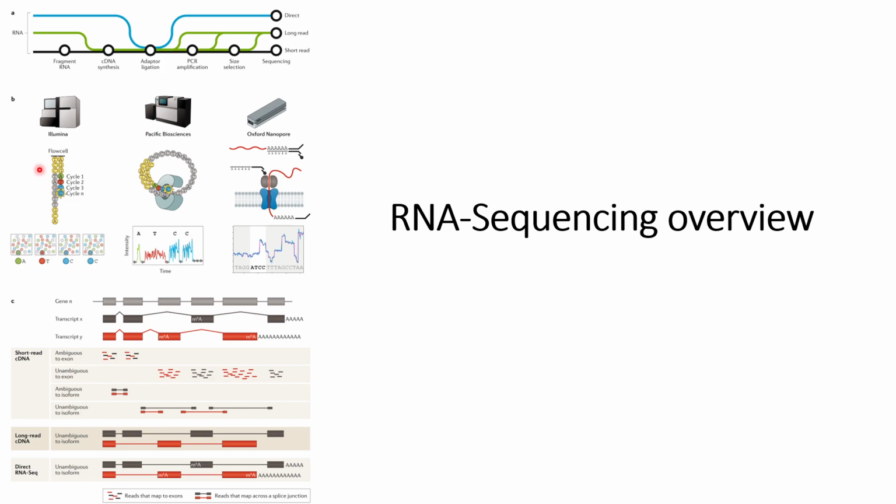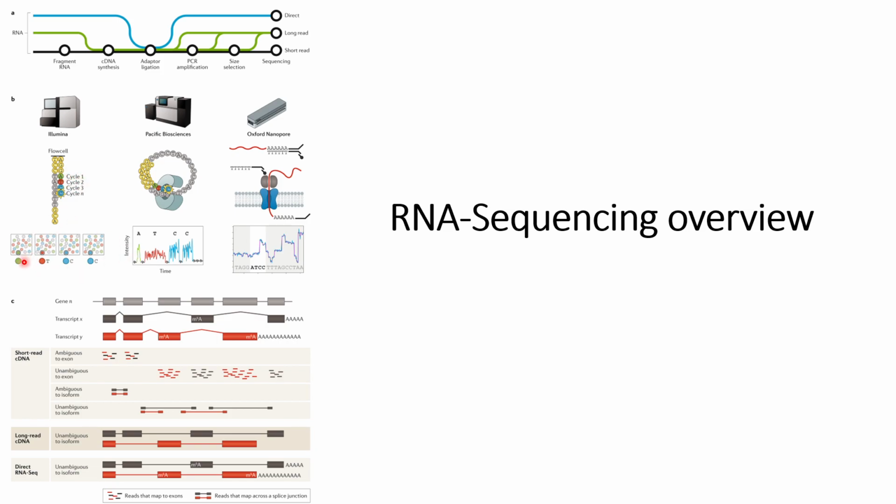There is a flow cell that contains some oligonucleotides, and the samples are prepared in a way that they will bind to these oligonucleotides on the flow cell. Then fluorescence labeled nucleotides bind to the complementary end of the sample, and these fluorescence signals are recorded.